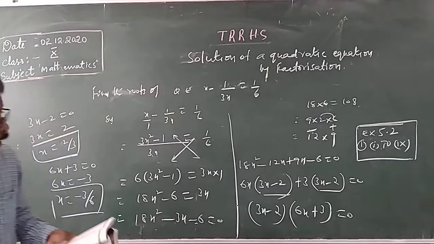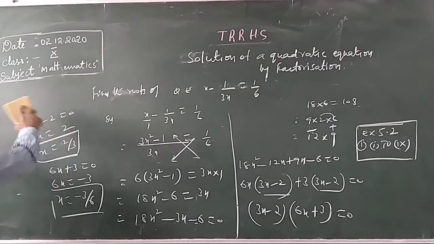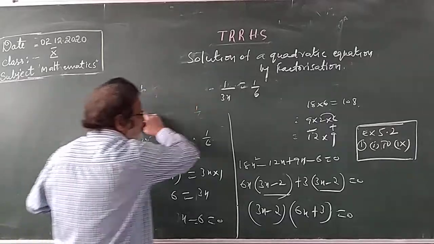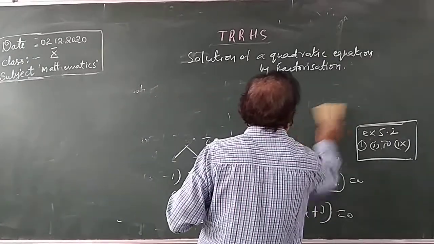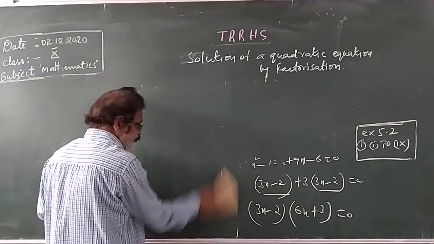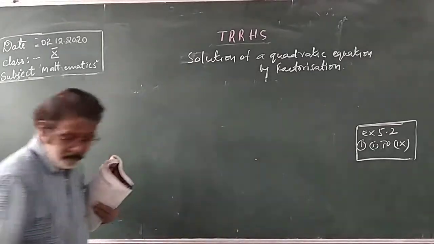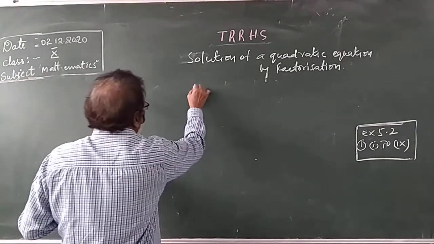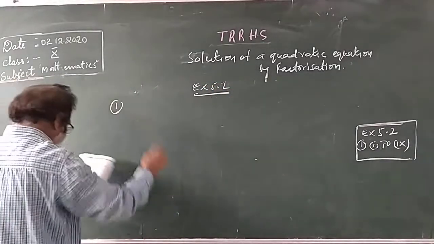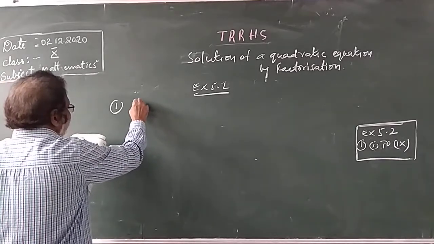In this, I give you one problem. I will explain this difficult problem so that the rest of the problems you can do it. Exercise 5.2, I take the third example.